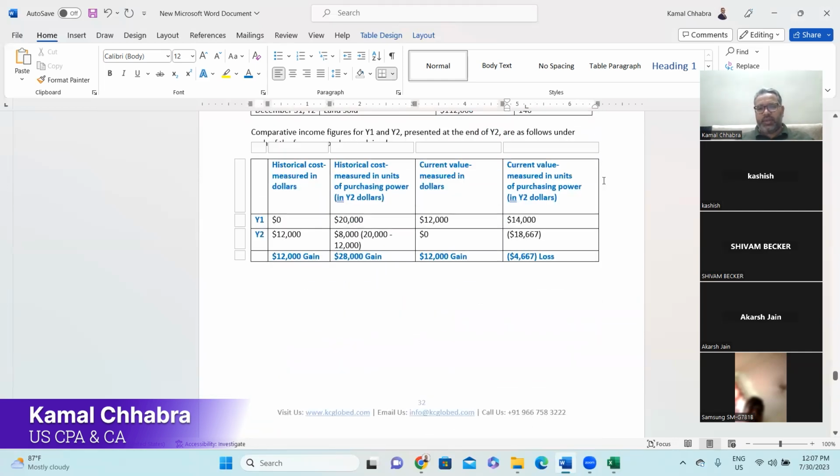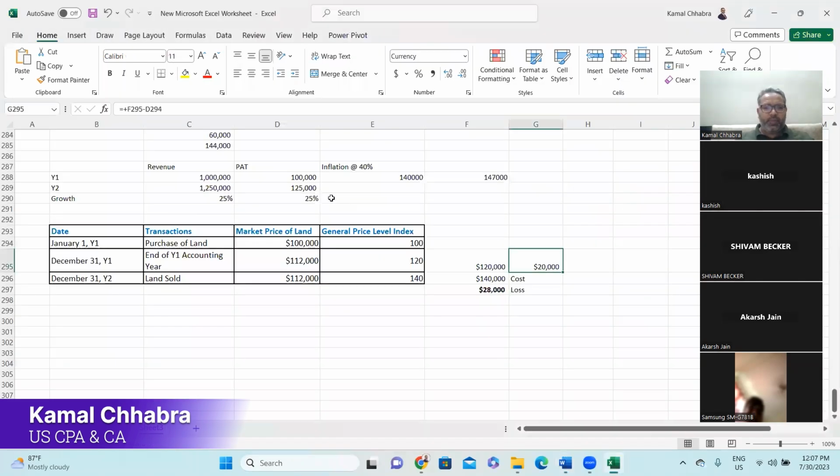Okay, so let's understand this again. Current value measured in unit of purchasing power. So here you have this as your current value. So these two are considered as current value, right? So they are saying current value is measured at the price index, right?